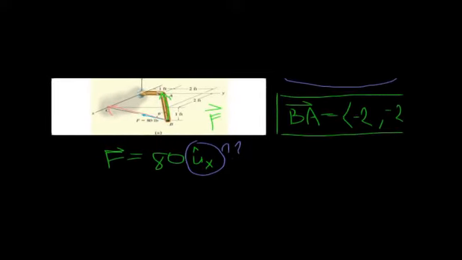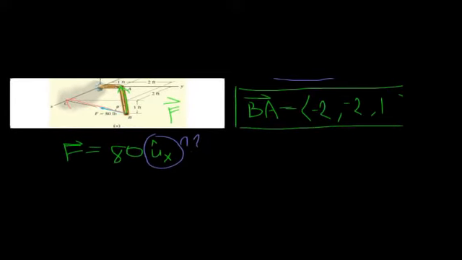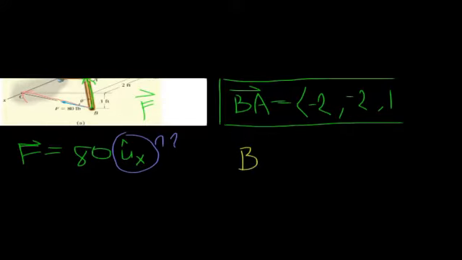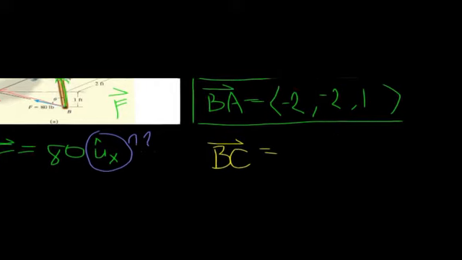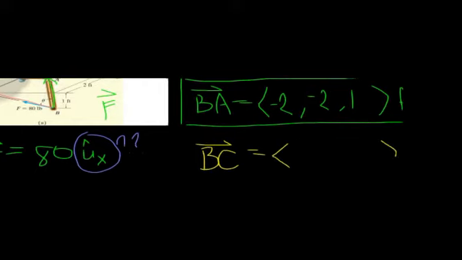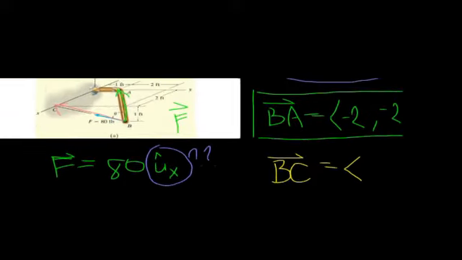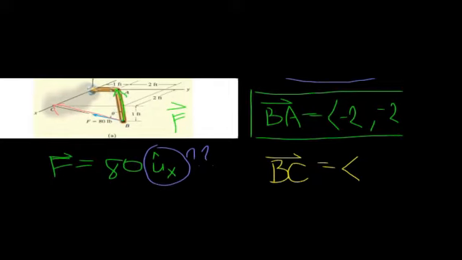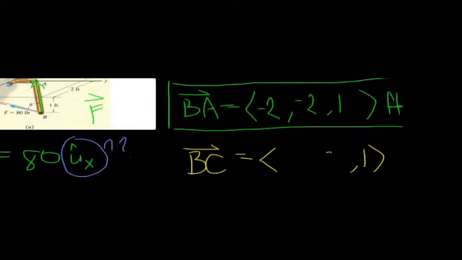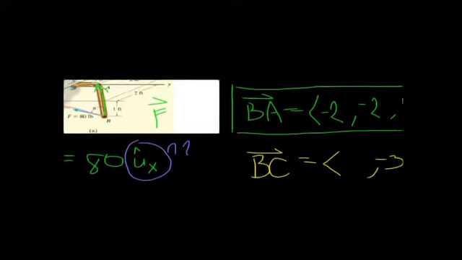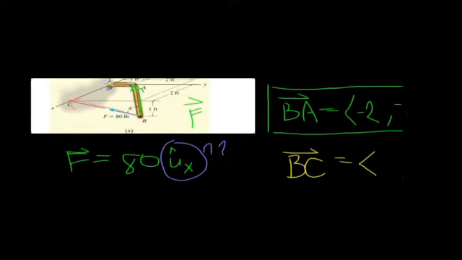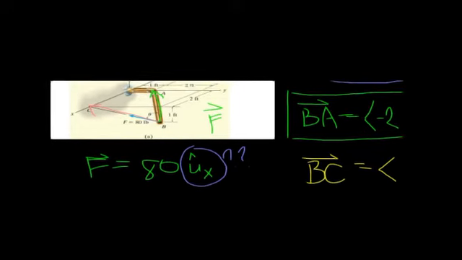So that's going to be relatively easy. So B went up 1, so BC. Let's change color to yellow. BC equals, it went up by 1, went to the left in terms of the y-axis by 3 feet, and it didn't change in the x direction, looks like.